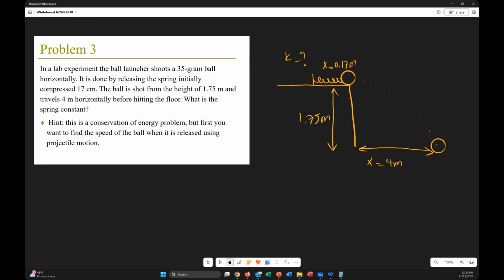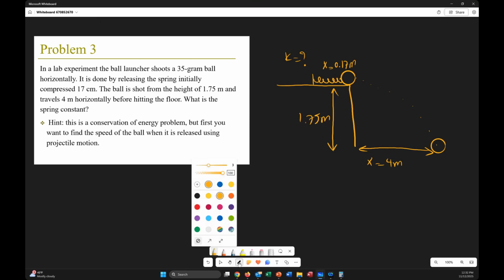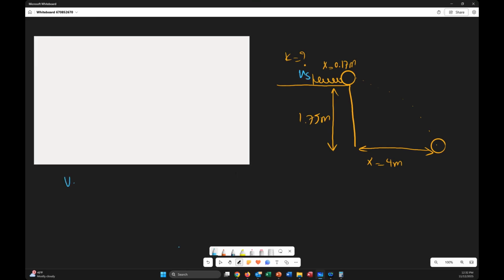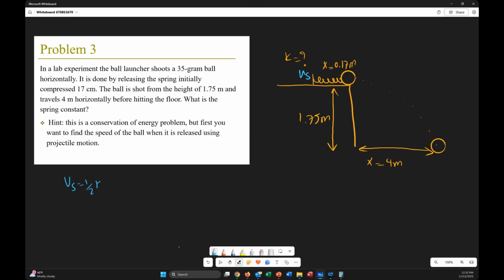Elastic potential energy. Yes, I say we have elastic potential energy, and elastic potential energy is 1/2 kx squared. Good. Can I calculate the elastic potential energy value?